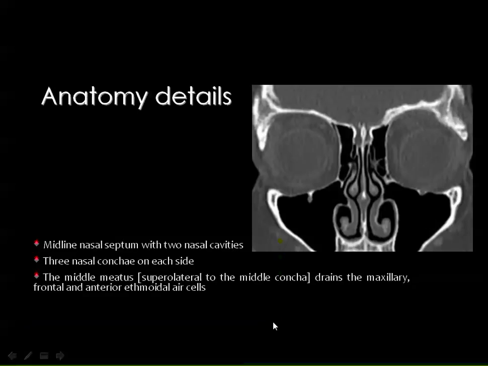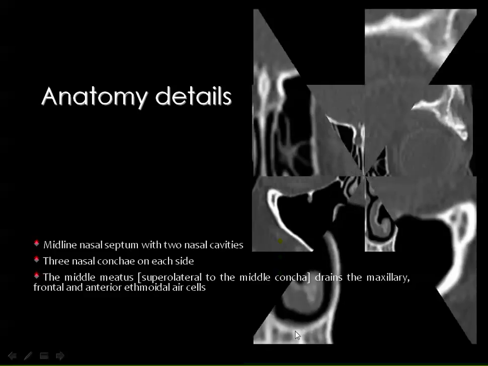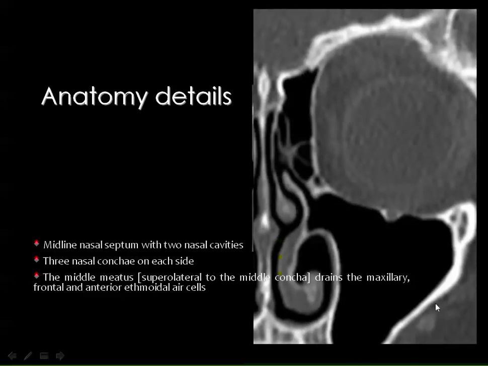Then we would like to have some more details about each of the sinuses, starting with the maxillary antrum. And here, this is the maxillary sinus, and this is the outlet of the maxillary sinus as indicated by this line.